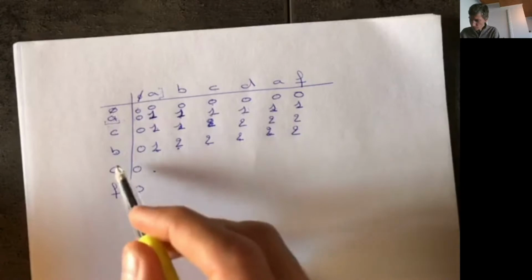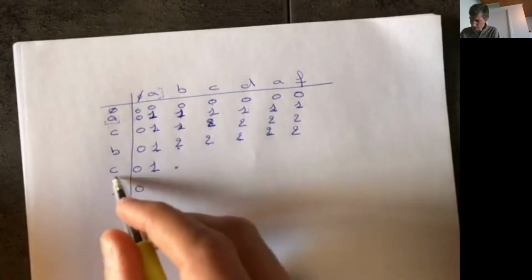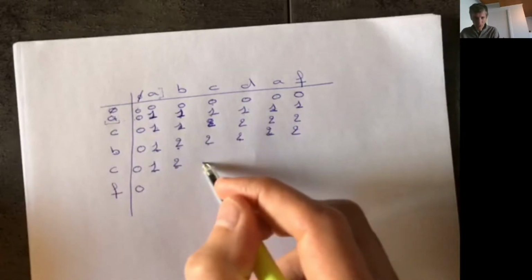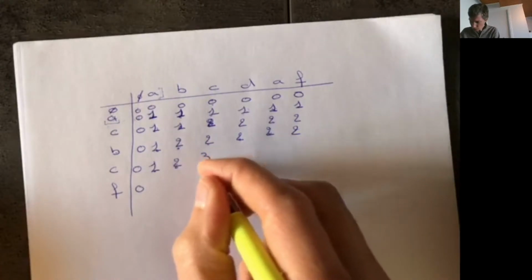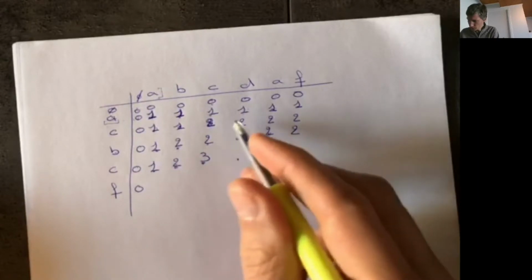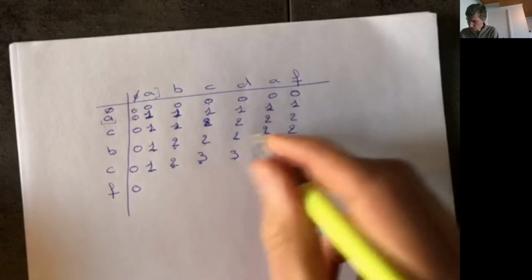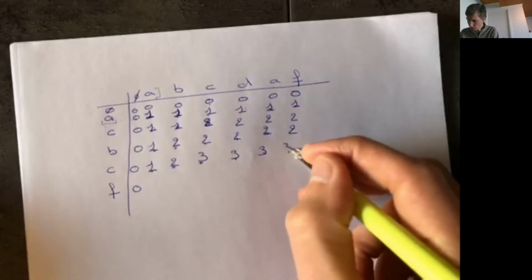Okay, C is different from A, so the maximum here is 1. C is different from B, so the maximum here is 2. C is equal to C, so I have the maximum of 2, 2, or 2 plus 1, so here I have 3. C is different from D, so here I have 3. Different from A, so again 3. C is different from F, so I have 3.